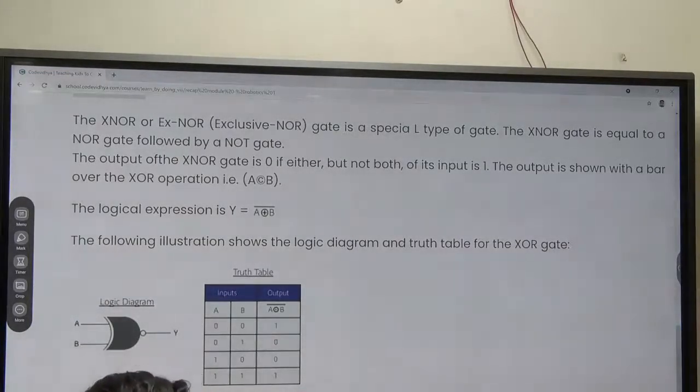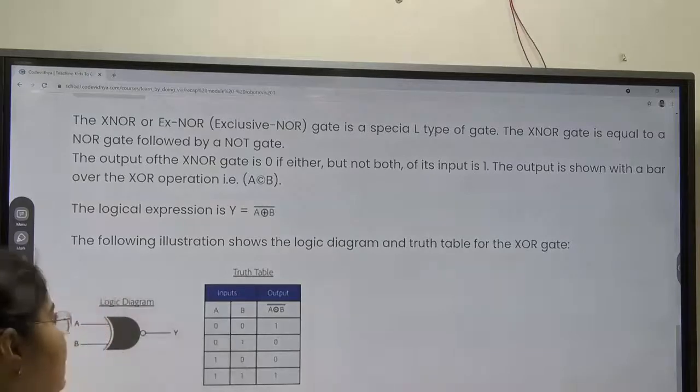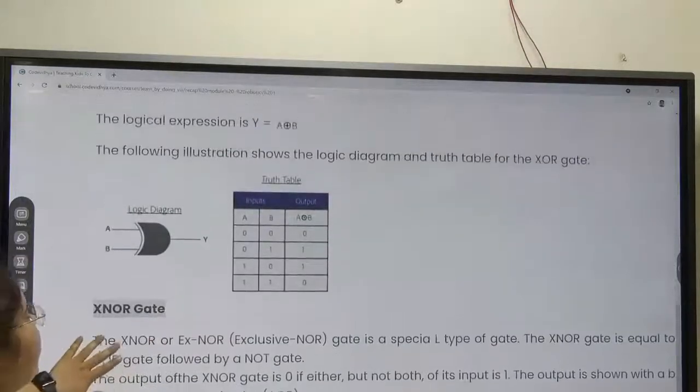Keep your phones on mute mode, that's why it's repeating. Okay, so just write in the chat box. The truth table is different, but I am asking about the basic difference we are having between XNOR and XOR gate.